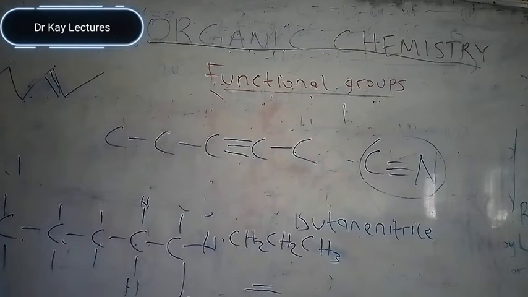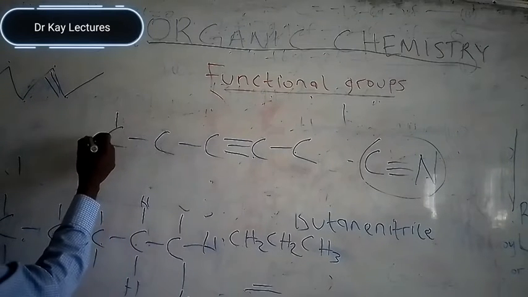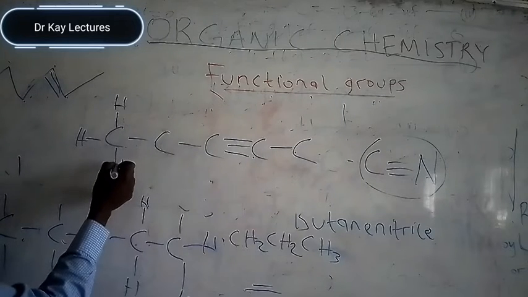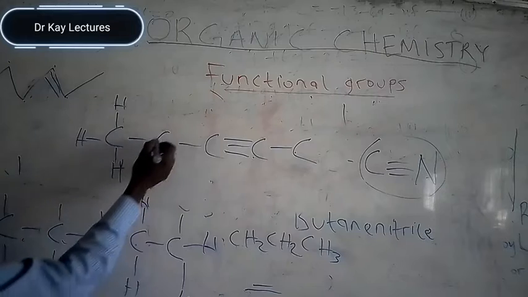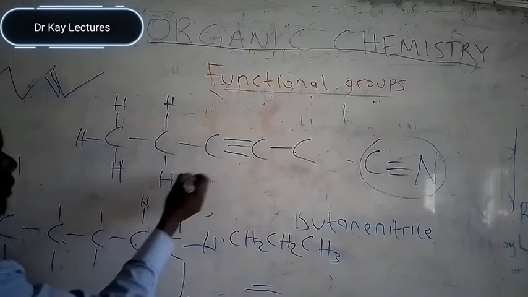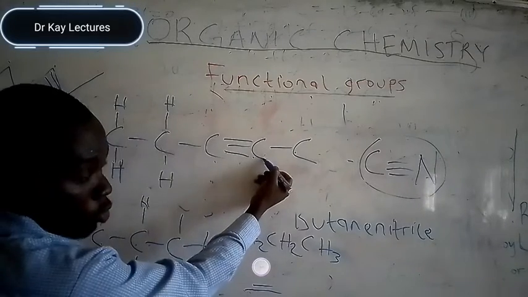Now this is the hydrogen scope. We all know that we must not have more than 8 hydrogens. So from that, you should know that this one has 1 hydrogen, H, then H. Then this one can have hydrogen and hydrogen here. This one cannot have any, and this one cannot have any too.